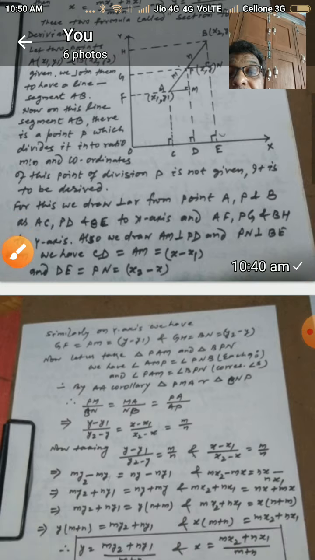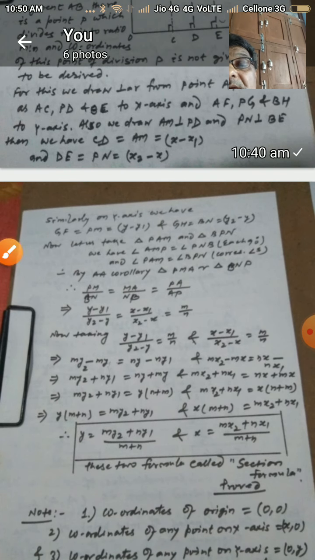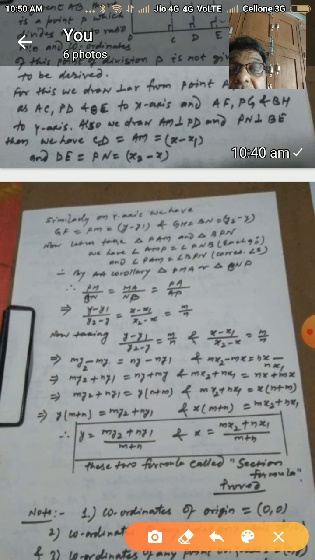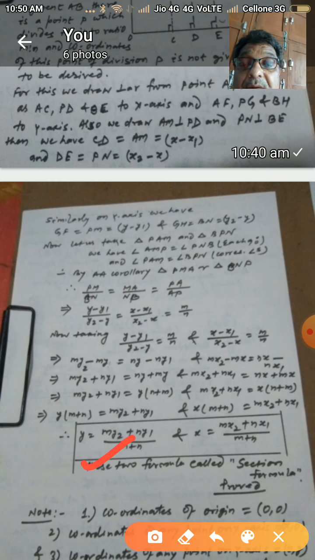So solving these pairs, we finally get y equal to (my2 plus ny1) by (m plus n), and x equal to (mx2 plus nx1) by (m plus n).